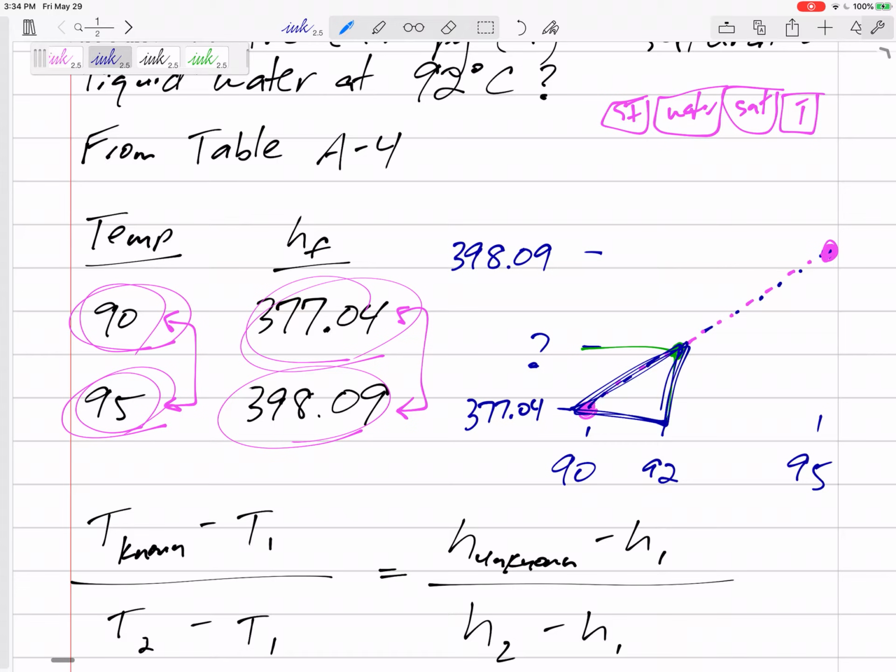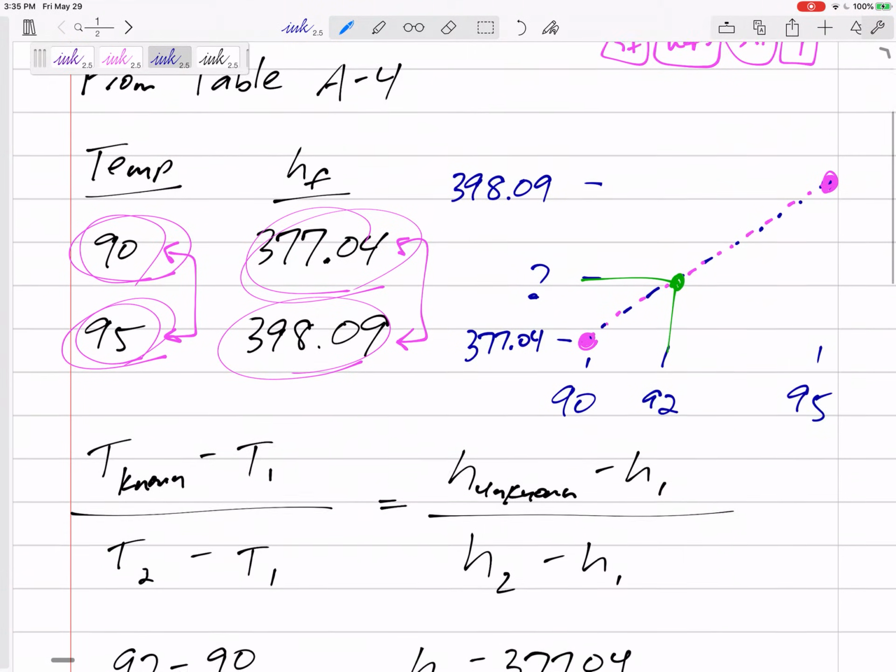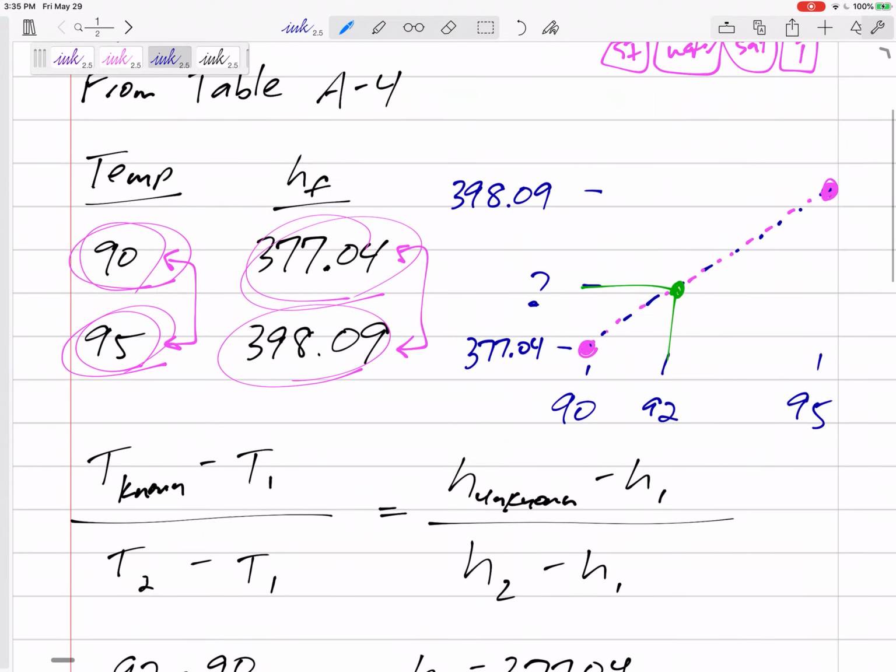And I used to kind of teach that as well, that blue triangle is similar to this pink triangle. So if you look at the bases and heights of those, you could find the height of the blue triangle. Or you can interpolate, and I do not mind if your calculator does the interpolation for you, but here's how I do it.